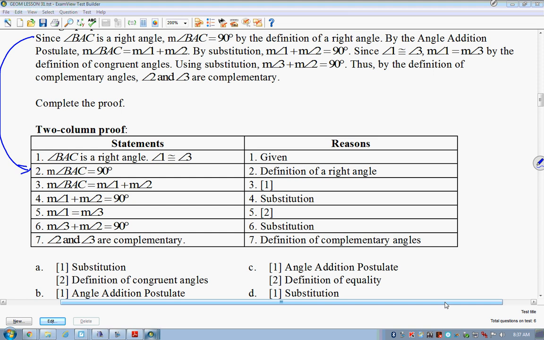All right, so for statement 3 and reason 3, we're going to look at sentence 2. Do we follow that? So it says, by the angle addition postulate, measure angle BAC equals measure angle 1 plus measure angle 2. Do we see the statement shown in sentence 2? Okay. Let's see, Jordan, what is the reason that we see in sentence 2? What is the justification? Okay. Sentence 2, what is the postulate or theorem that we're using here that we would plug in for our reason?